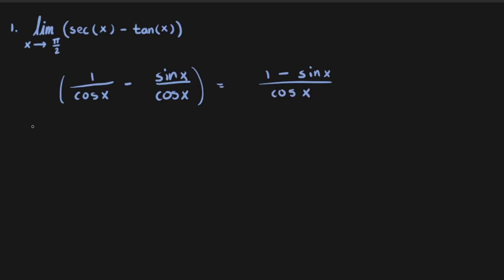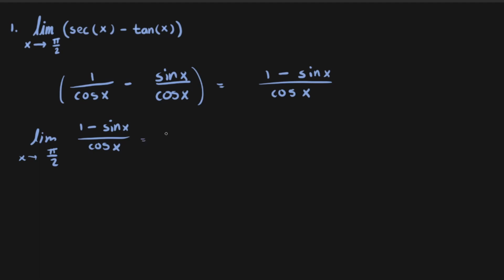Now let's take the limit of this. So we have the limit as x approaches pi over 2 of 1 minus sine x over cosine x. Let's plug in pi over 2.